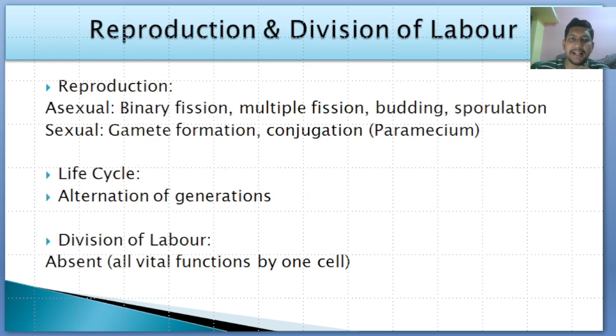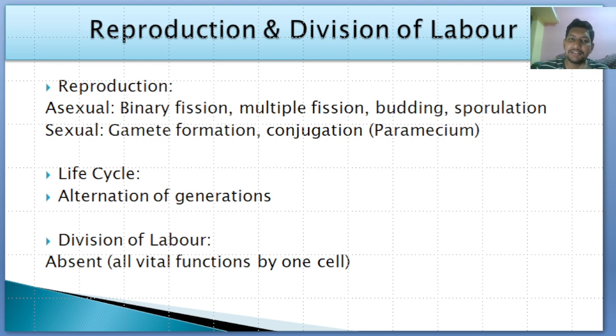Now we'll move to the next topic, reproduction and division of labor. In protozoans, reproduction takes place by both asexual and sexual methods. Asexual reproduction takes place by binary fission, multiple fission, budding or sporulation.